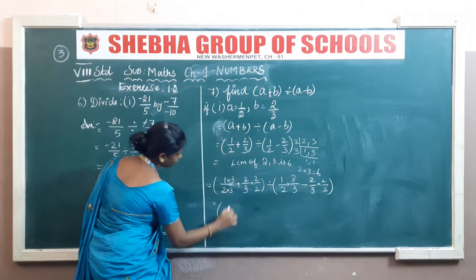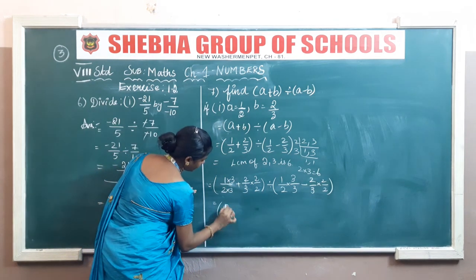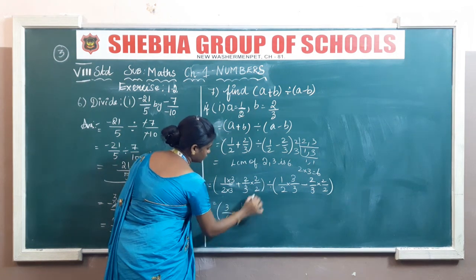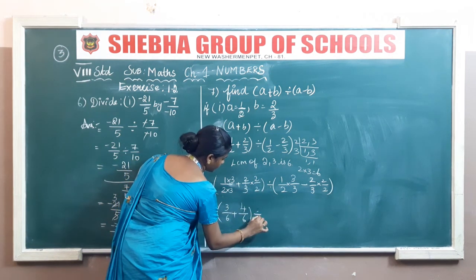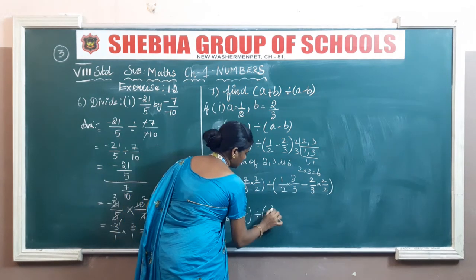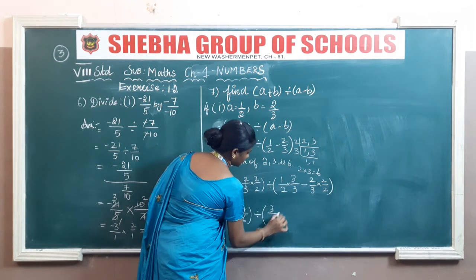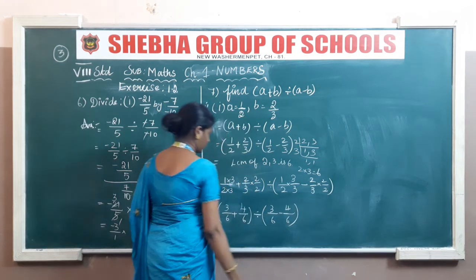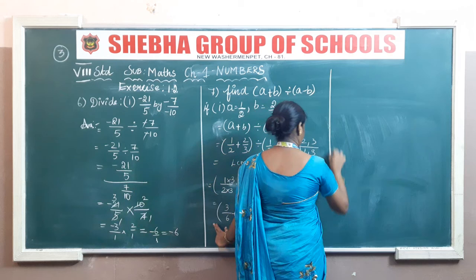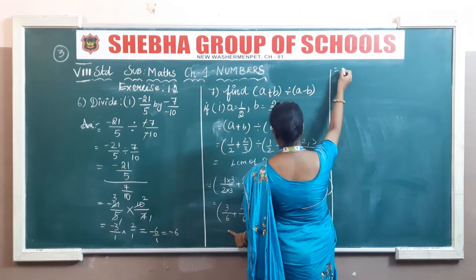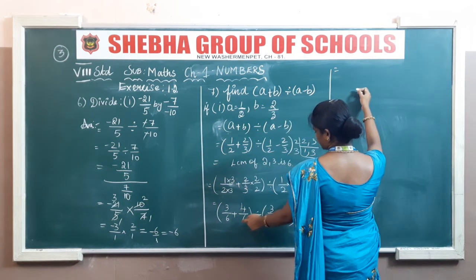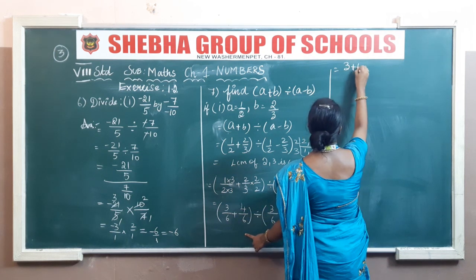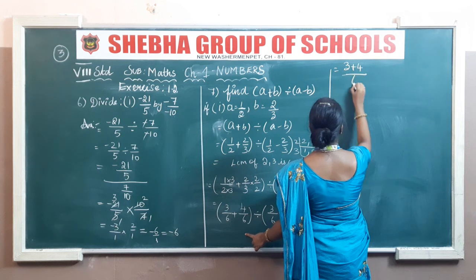Okay, is equal to 3 ones are 3 by 6 plus 2 twos are 4, 3 twos are 6, divided by 3 ones are 3, 2 threes are 6, minus 2 twos are 4, 3 twos are 6. Then we have to write 3 by 6 plus 4 by 6. So we write 3 plus 4, and the denominator should be the same, so we write 6.